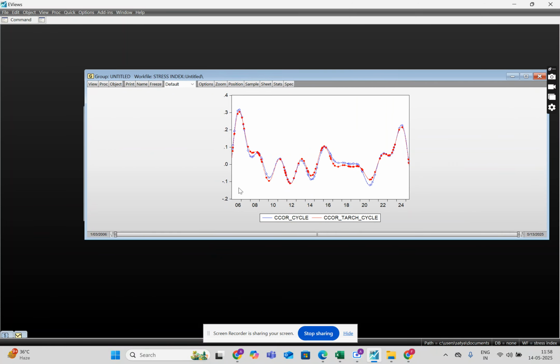So as you can see that there is a slight lag in the formation. So the red is the CCOR TARCH cycle and the blue is the CCOR cycle. So like you can see in a few cases, like in the years 2016, 2020, in a few periods in 2018, the conditional correlation was more when we calculated it without the TARCH.